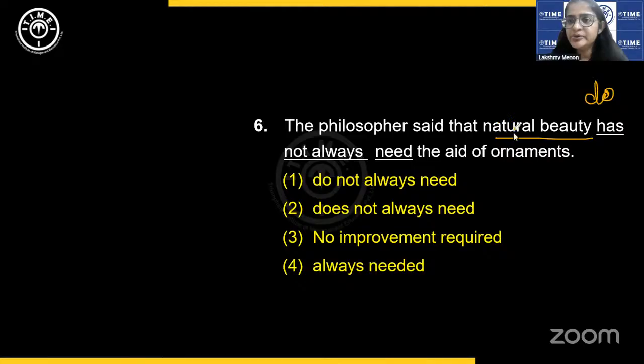But natural beauty is a singular term. Hence, the right form of the verb do here will be does. The philosopher said that natural beauty does not always need the aid of ornaments, which is our option 2. Does anybody have any questions here? If anybody has questions, please let me know. So here also it is a question of subject-verb agreement and the right choice of verb. Okay.